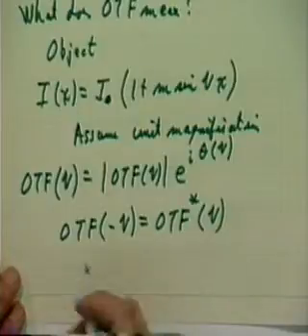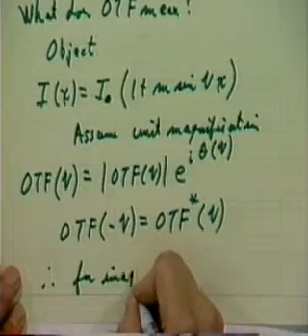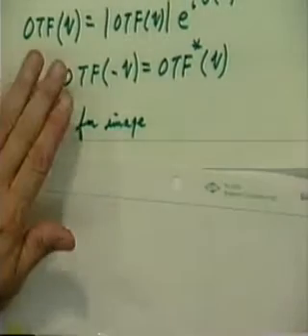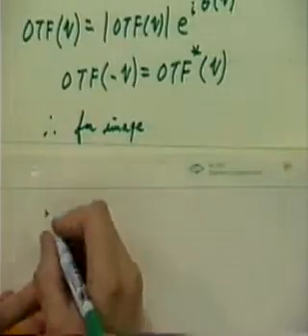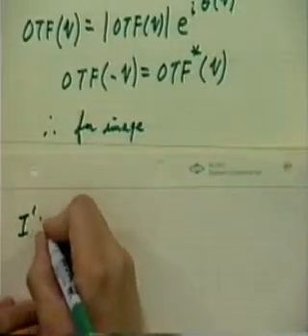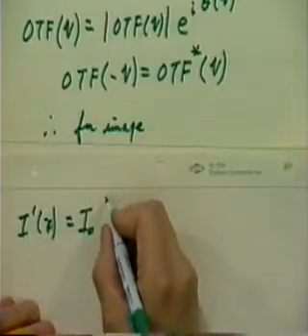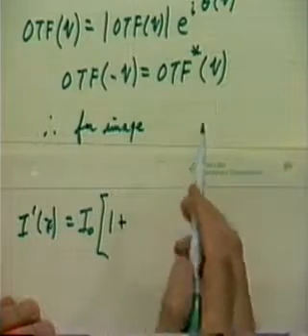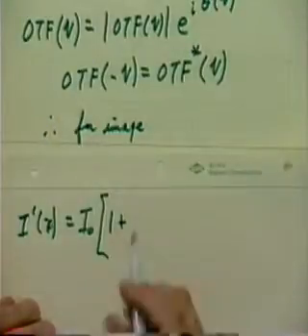And therefore, for the image, we can say that I of x, I prime of x, something for the image, is I naught times 1 plus, we'll write the sine as e to the i and e to the minus i.